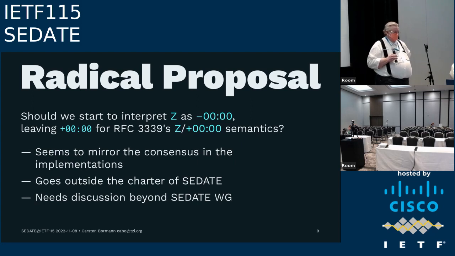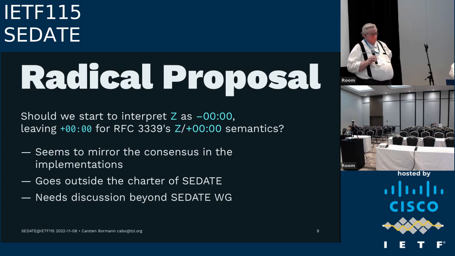So this happens to mirror the consensus in the implementations. So this would essentially just be adjusting the specification to what the implementations do. But it goes outside the charter of SEDATE because we were not supposed to actually modify 3339. So we thought maybe we need a little bit of discussion beyond the SEDATE working group.